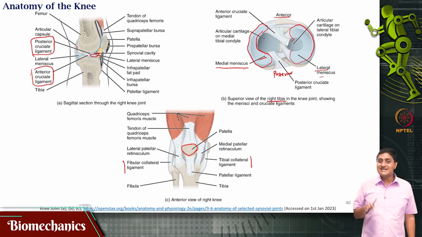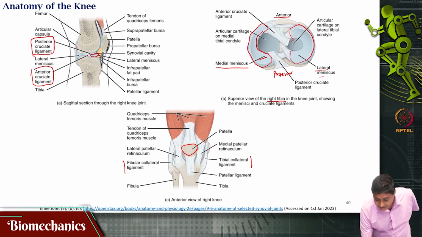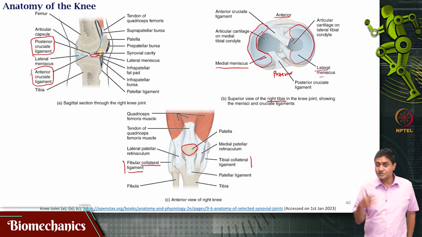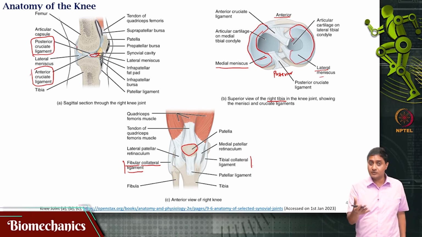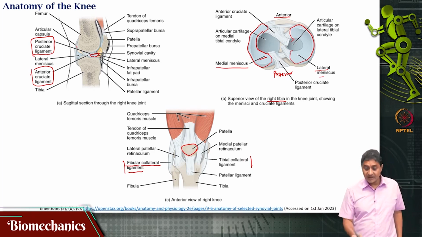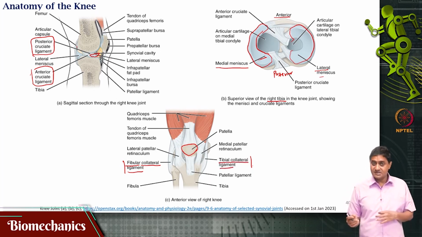These are also called the collateral ligaments. These are 2 types. One attaches to the fibula, the fibular collateral ligament. The other attaches to the tibia, the tibial collateral ligament. Collateral means same side.